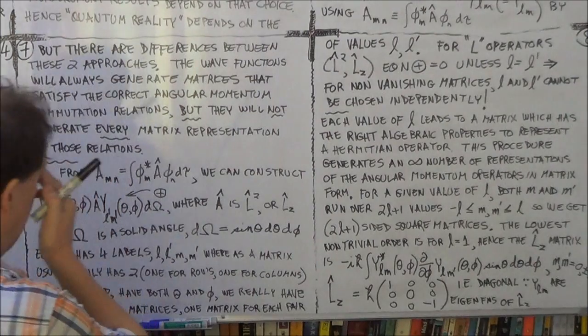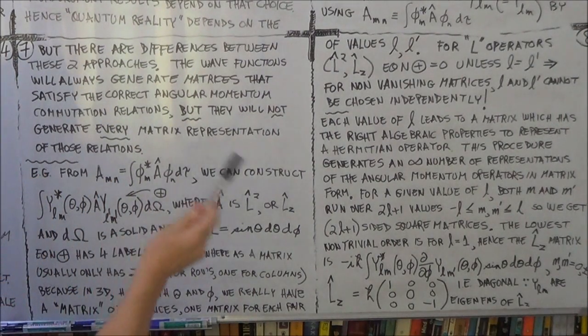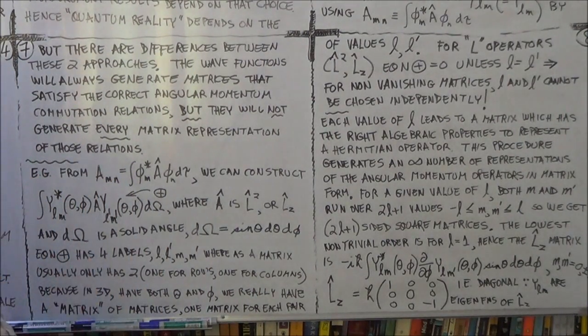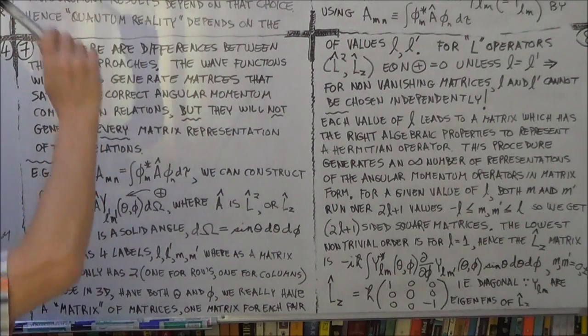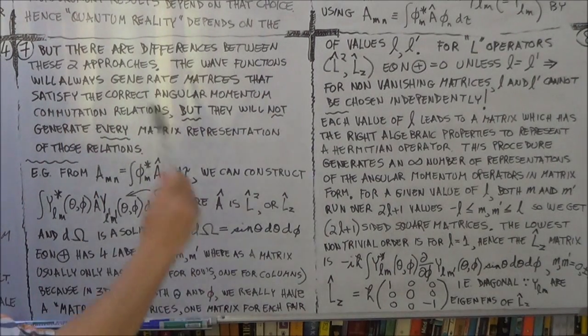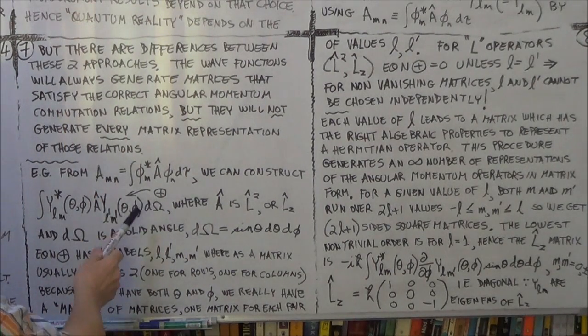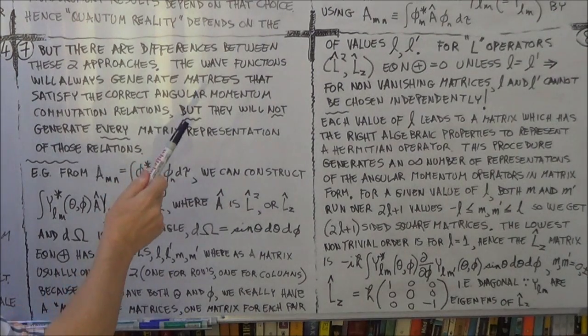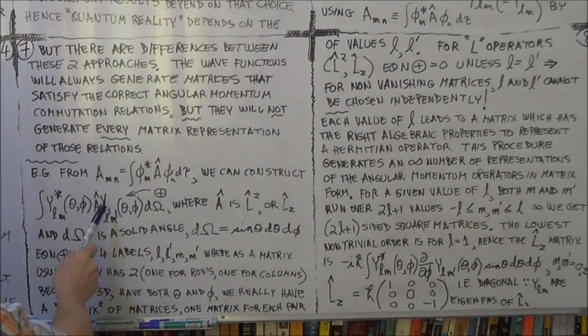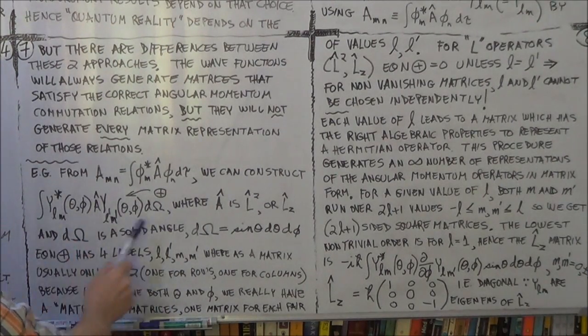Okay? Now, you're talking about representations of this operator. You can choose what spherical harmonic you want to choose. Well, L ranges from 0 to infinity, right? So you can have an infinite number of representations of this operator. What that means is you can have an infinite number of these spherical harmonics.